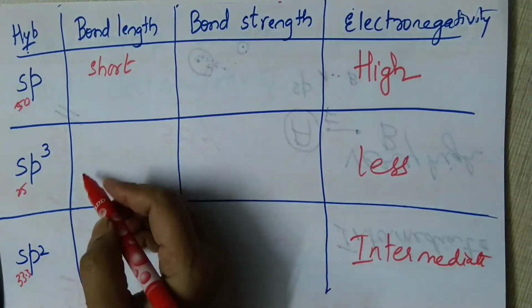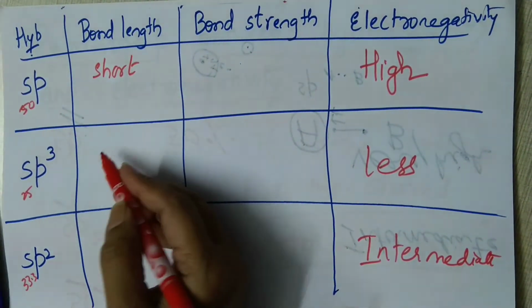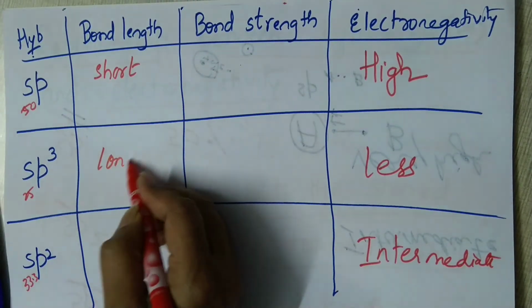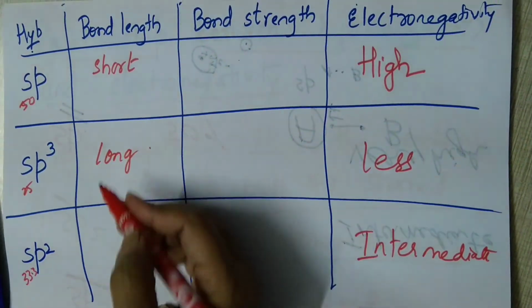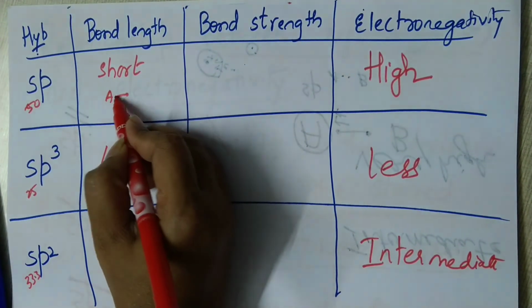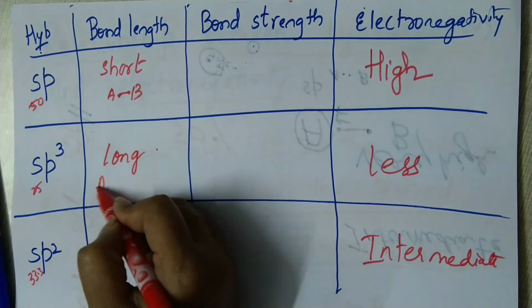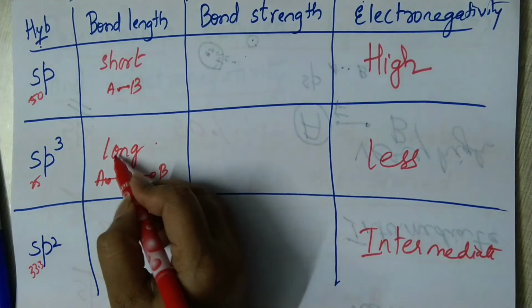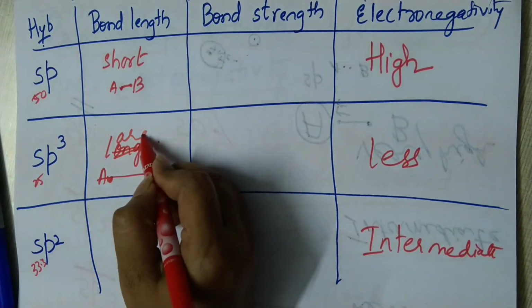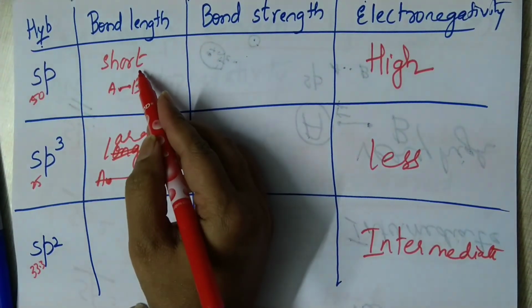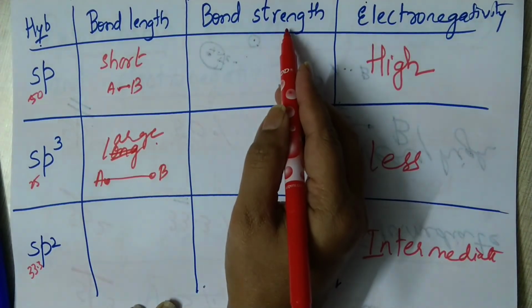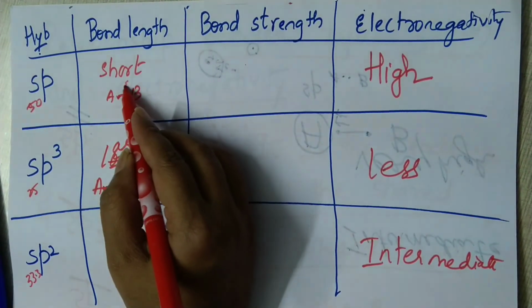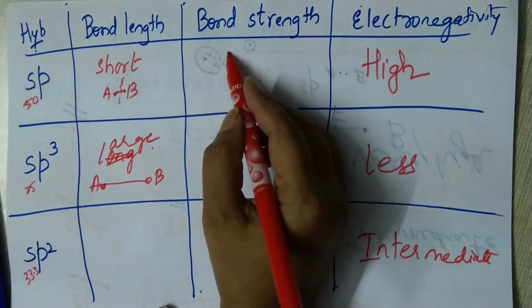Okay, and how about sp3? It is not short, it is long or more. Bond length is very small in sp, whereas here bond length is very large. I shall write it as large, L-A-R-G-E. If bond length is short, what should be the bond strength? Energy required to break this bond should be very high.